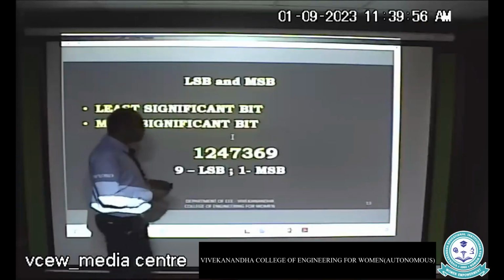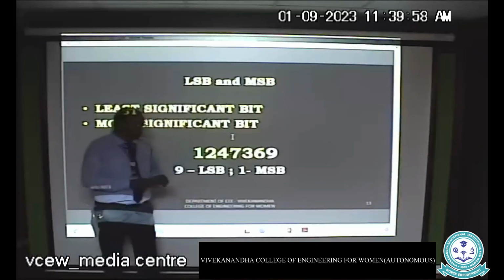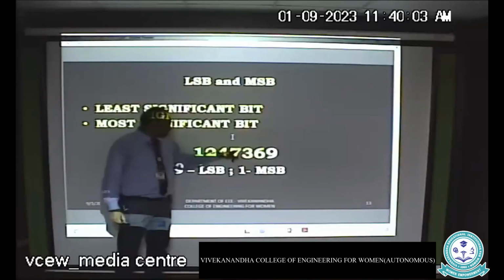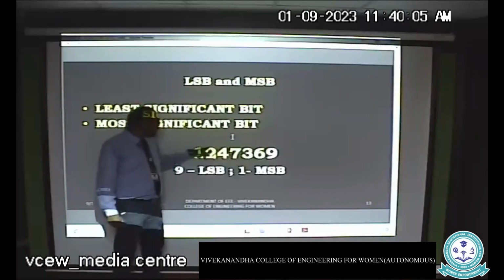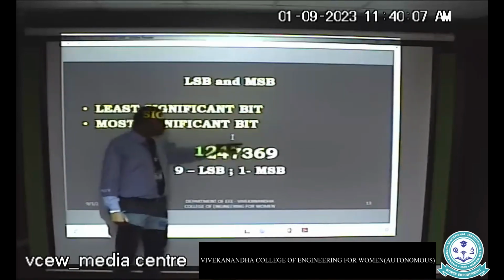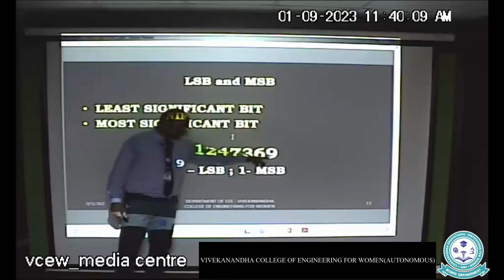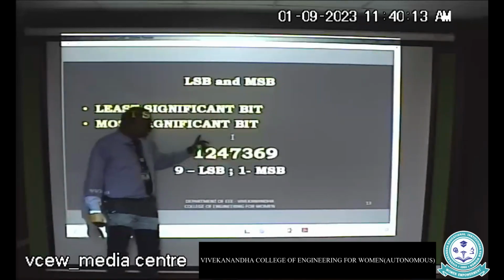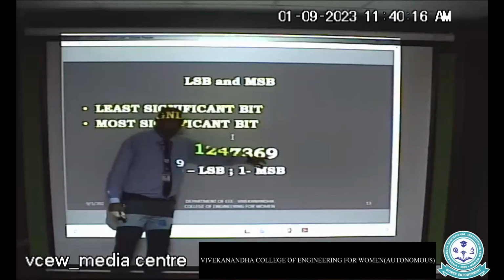In the lower classes in school we might have studied ones, tens, hundreds, thousands, 10,000s, lakh, 10 lakh. So which one is in the ones position? 9 is in the ones position. And which is in the 10 lakh position? 1. So naturally 9 is in the ones position, so least weightage is given.